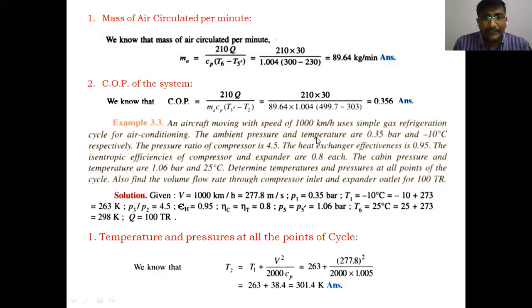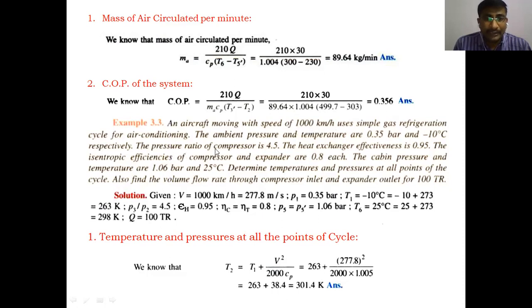The ambient pressure and temperature are 0.35 bar and minus 10 degrees centigrade respectively. The air entering the aircraft is at 0.35 bar, which is very low pressure at that altitude, and minus 10 degrees centigrade, while the aircraft is moving at a speed of 1000 kilometers per hour.